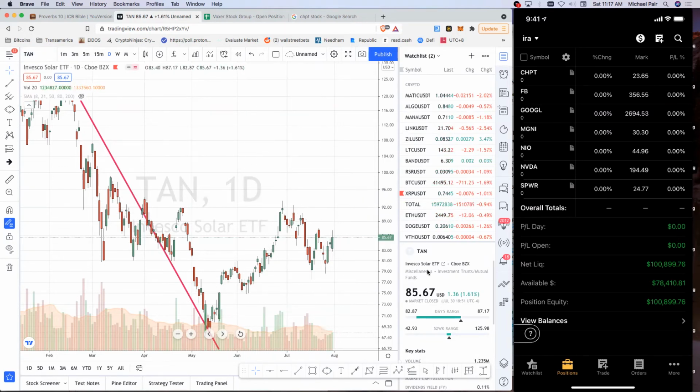Then just Google it and find out what the different stocks are that are in the solar space, so you can get an idea of who all of the main players are and how they are performing one toward another. And this particular ETF trades them as a basket of stocks. Okay.